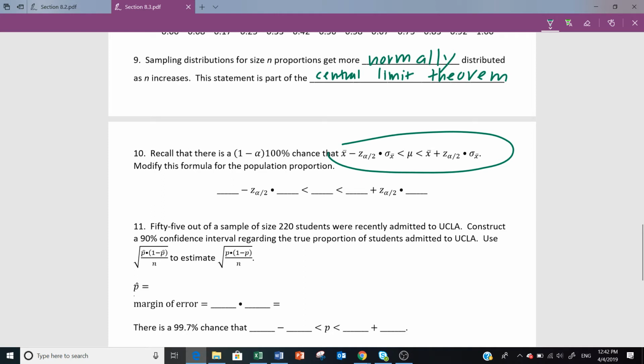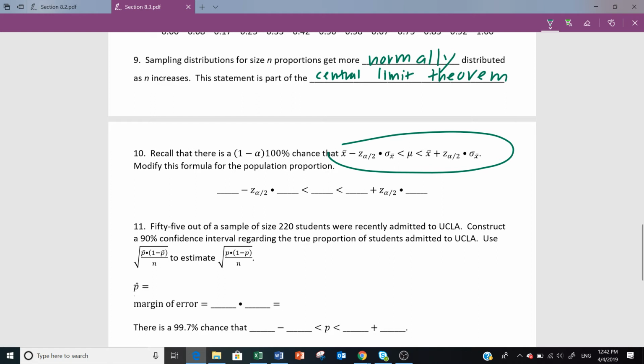So along the far left, is that going to be mu p? This one is the one that's like x bar. Good. P hat, yes. Very good, Nora.